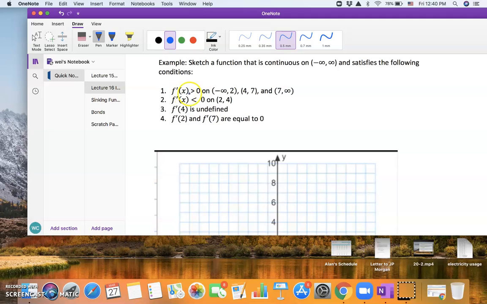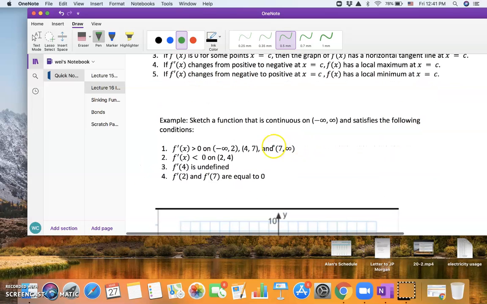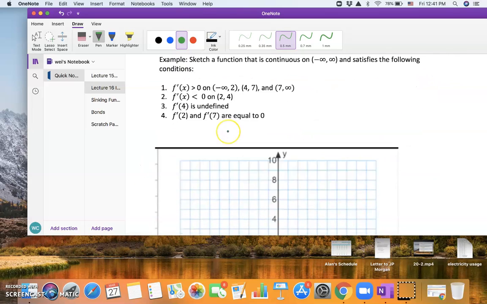Since the derivative is positive on the interval from negative infinity to 2, 4 to 7, and from 7 to infinity, the derivative is positive there, and it's negative on the interval from 2 to 4.